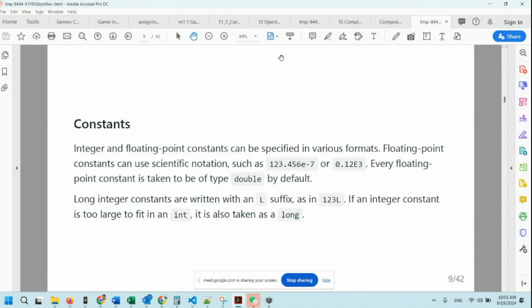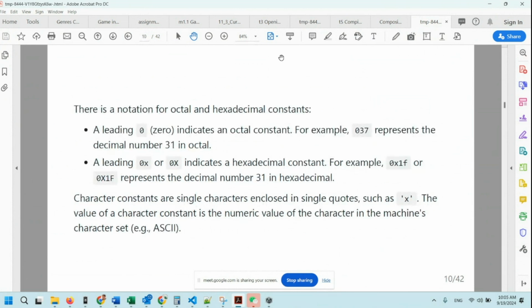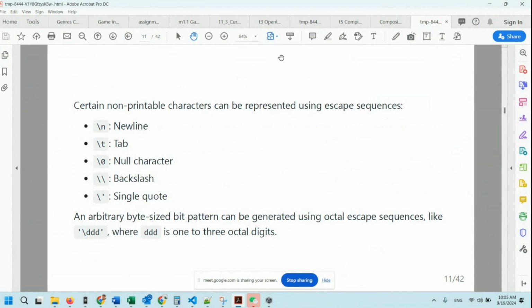Also, how you can declare a constant. Some important constants are octals and hexadecimals. We're going to use more of them today in these new lessons. And also non-printable characters.